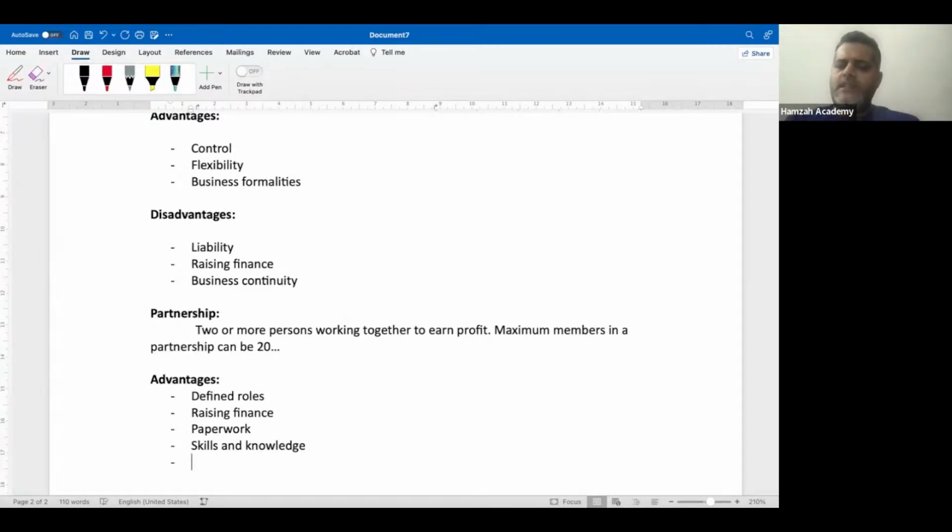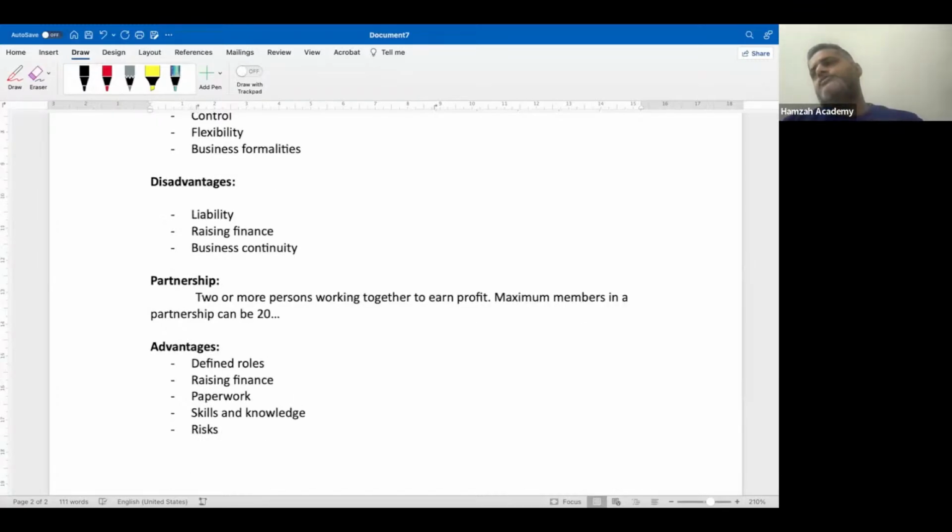So it's going to be easier for you to manage. Similarly, the risks are shared as well. At first, the sole trader has to bear all the risk, but while being in the partnership, the risks are shared. So it gets easier for you to manage the stuff as well, right?